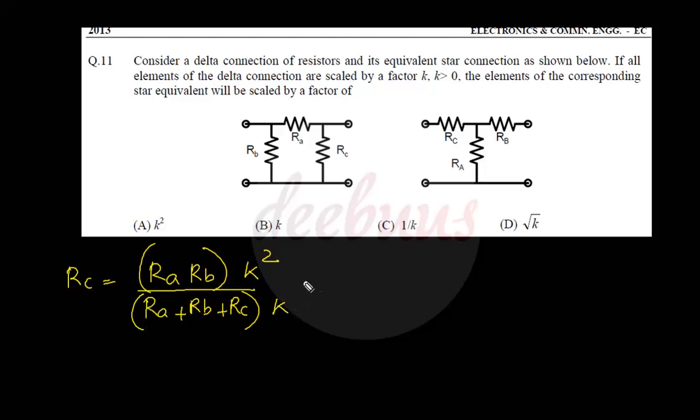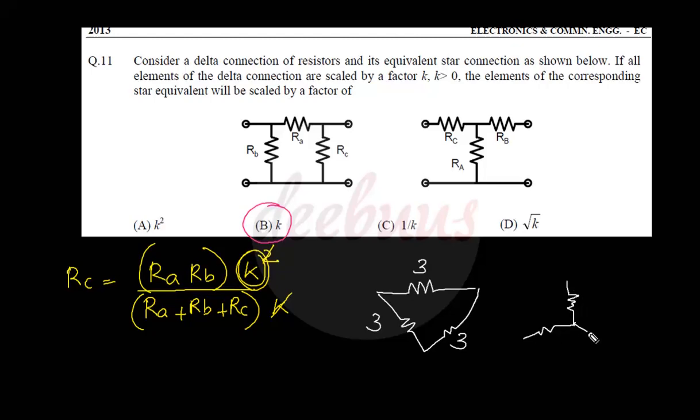So it will be scaled by a factor of k units. So the answer is B. Another one related to this problem is a delta connection with the resistance value of 3, then the equivalent star connected must have a value of unity, that is 1.